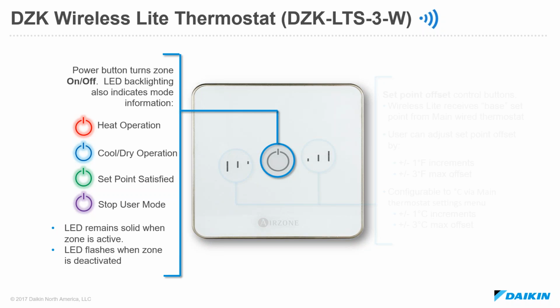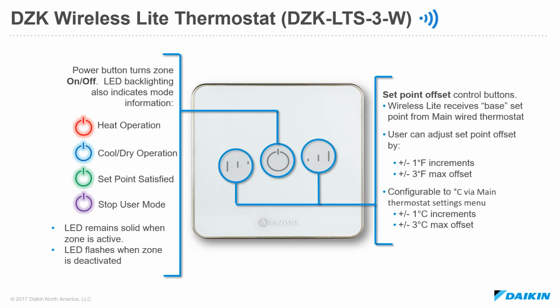There are graduated lines to the left and right side of the power button. What these lines do is indicate that offset adjustment from the base set point. Essentially that wireless light receives its base set point from any of the wired thermostats. We can actually adjust that base set point from any of the wired thermostats.